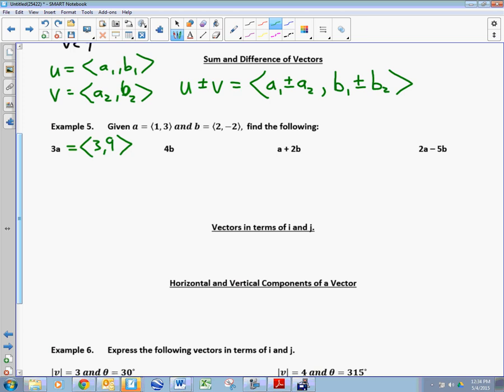Or you can just distribute the 3 through and you get 3, 9. How about 4B? 8, -8. So if you take 3 and multiply 1, you get 3, and then take 3, multiply 3, you get 9.